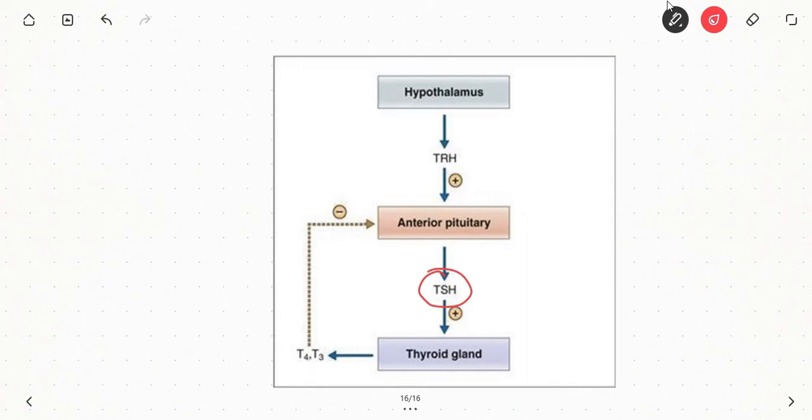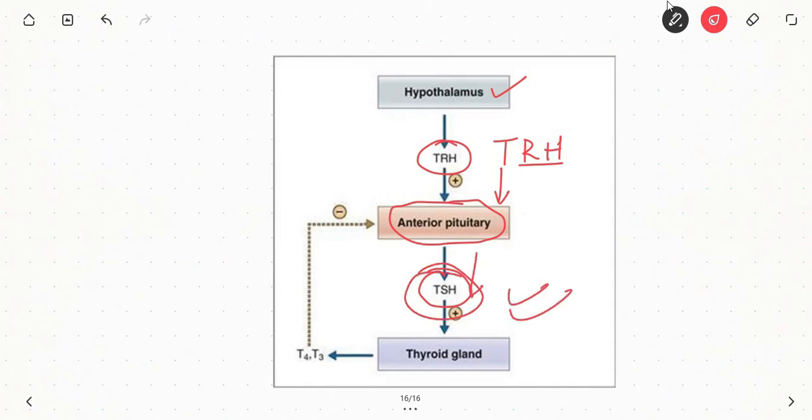From the hypothalamus, the TRH is transported through the hypothalamo-hypophyseal portal vessels to the anterior pituitary. After reaching the pituitary gland, TRH causes the release of thyroid stimulating hormone. When the thyroid hormones are low, more TRH and TSH are secreted, which stimulates the thyroid to make more hormones.